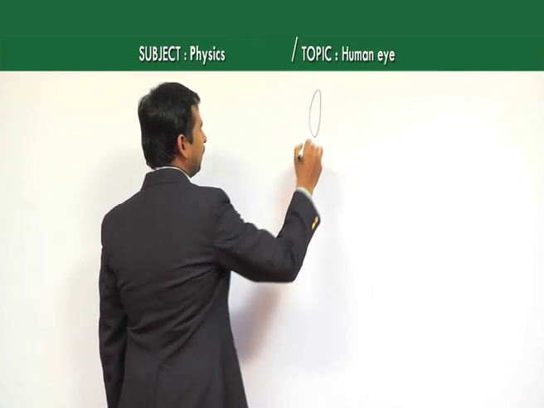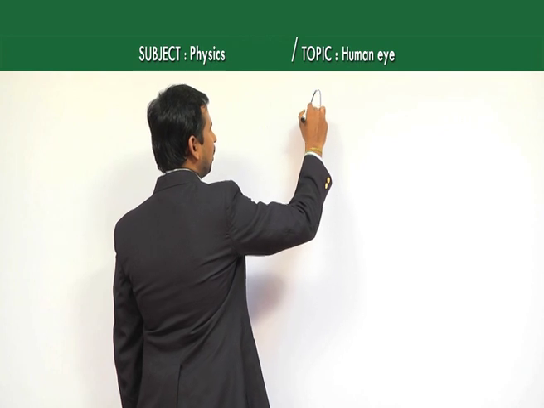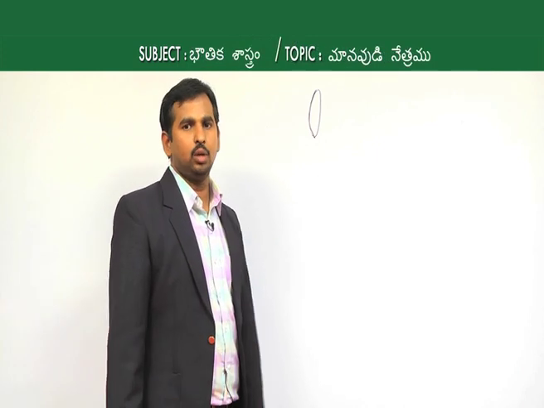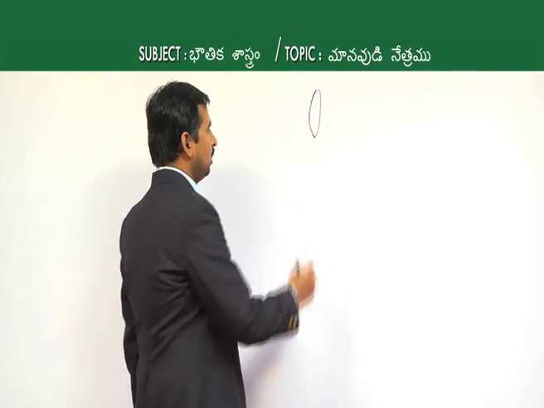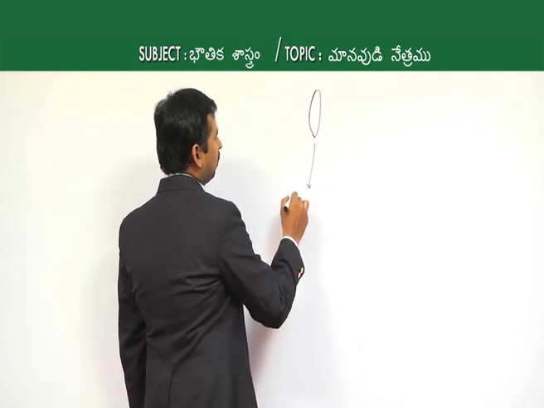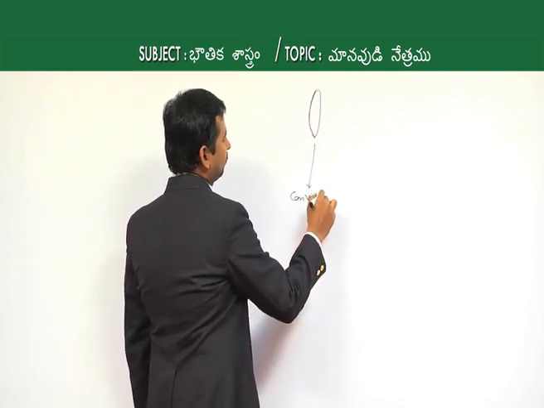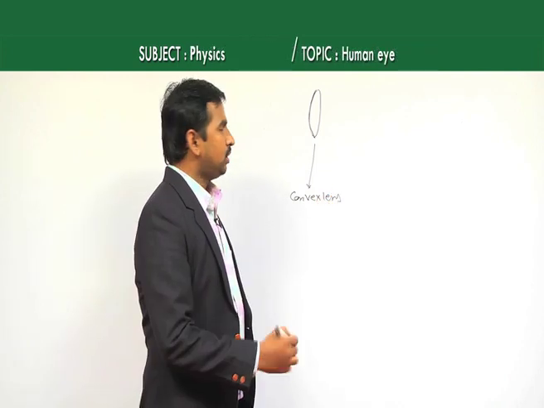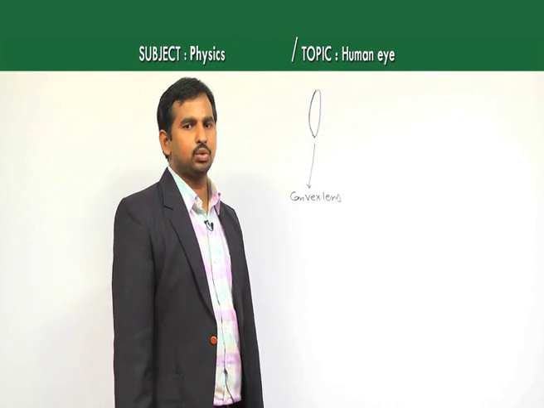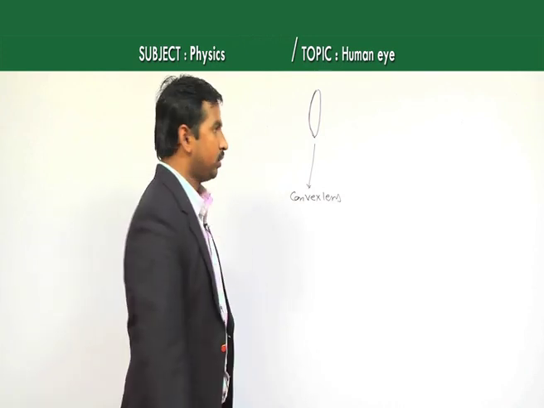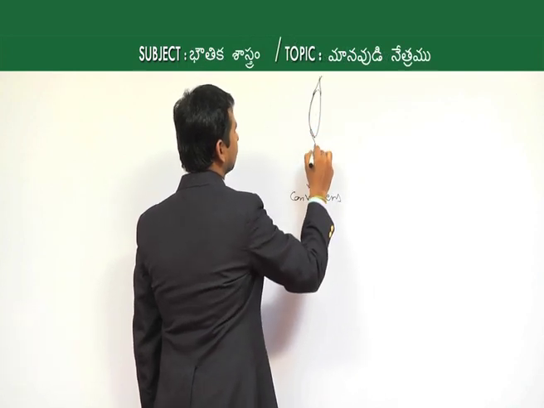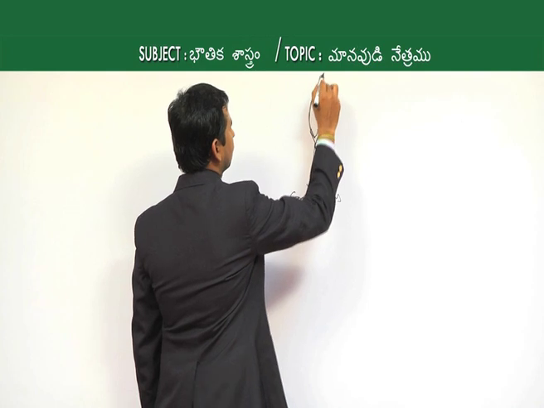Our eye lens is a very sensitive and very elastic lens, and it is like a double convex lens. So, our eye lens is a double convex lens. As it is very sensitive, it is coated with two clip-like structures.